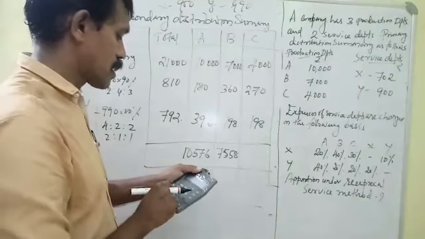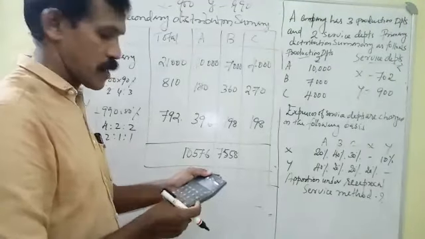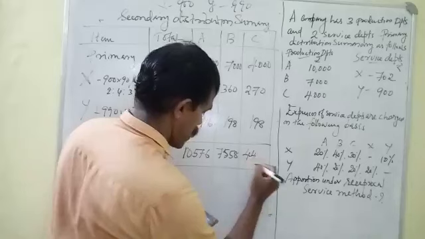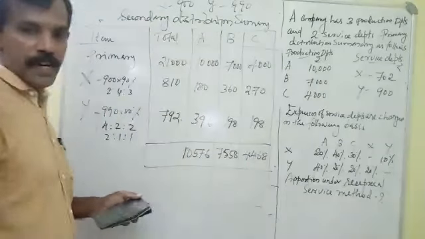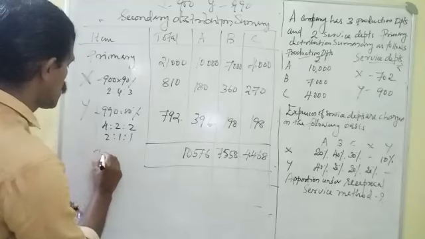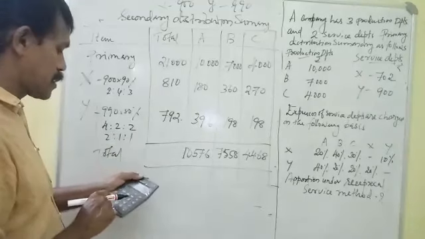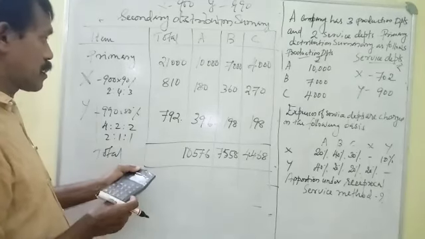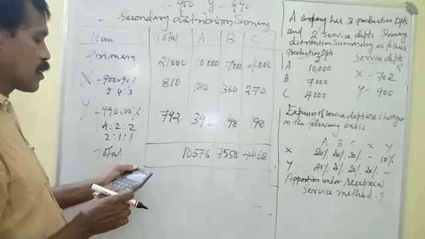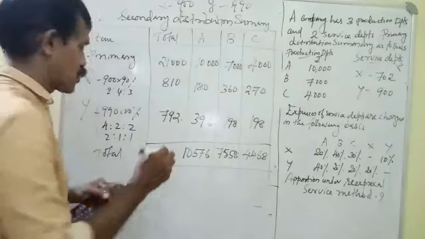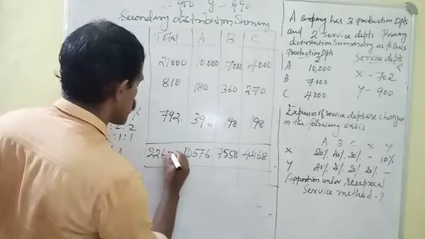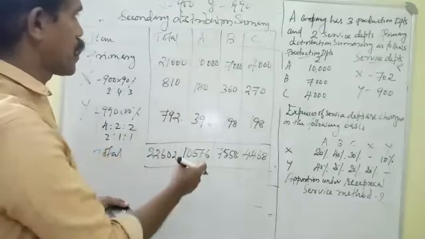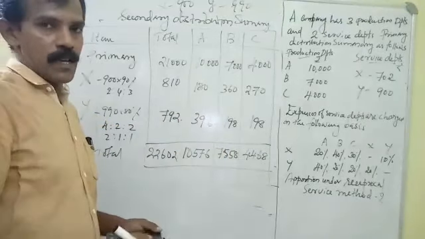For C, 4,000 plus 270 plus 198 is equal to 4,468. Then the total, 21,000 plus 810 plus 792, is equal to 22,602. So this is the total overhead of A, B and C.